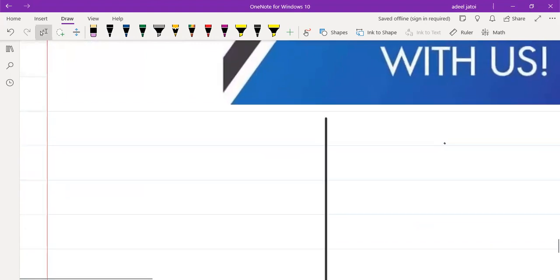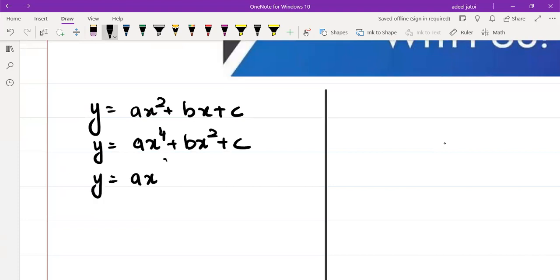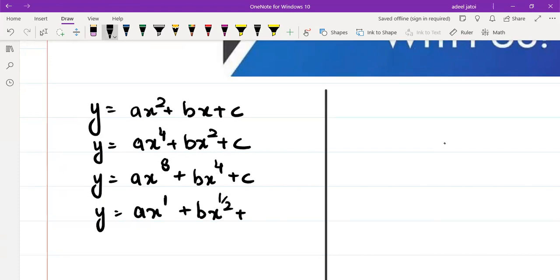Now, quadratic equations can be written as y is equal to ax squared plus bx plus c. And disguised equations can be in the form of y is equal to ax to the power 4 plus bx squared plus c, y is equal to ax to the power 8 plus bx to the power 4 plus c, y is equal to ax to the power 1 plus bx to the power half plus c.